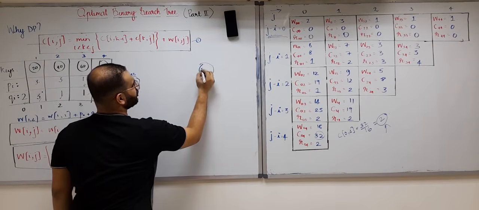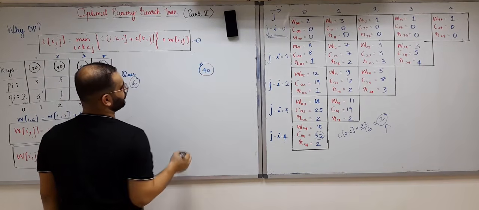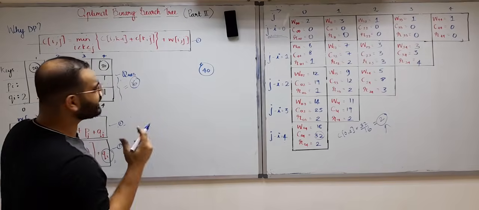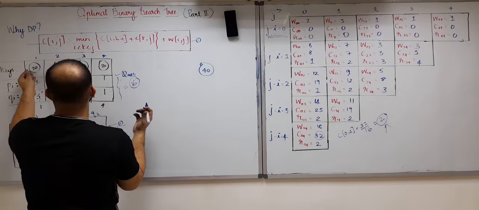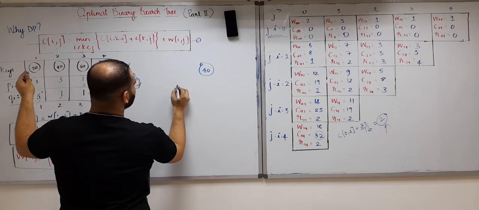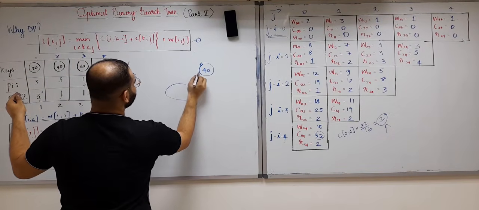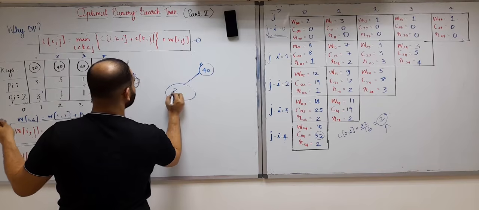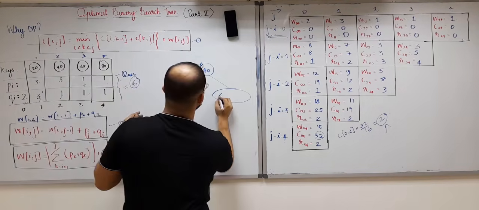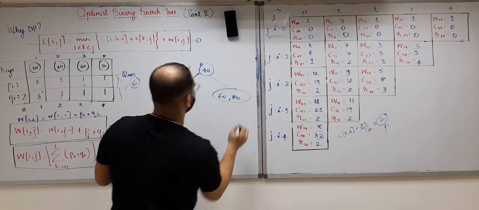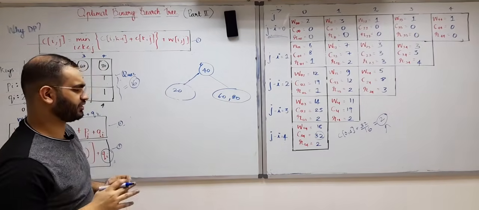So at the top we will have 40. And another thing that we know is that because it is a binary search tree, the value 20, which is less than 40, will obviously be on the left side of 40, and these two values, 60 and 80, will be on the right side of 40. We don't know their exact positions.